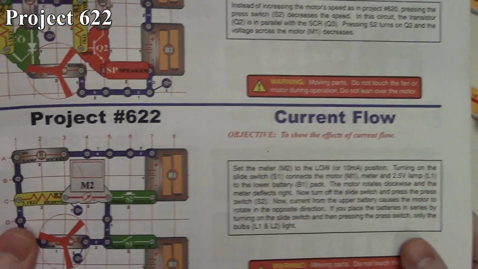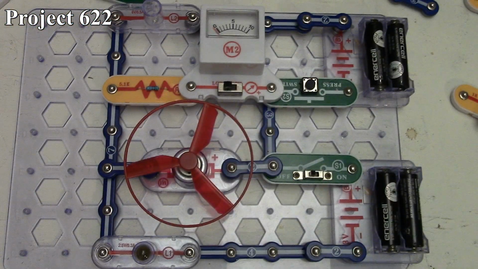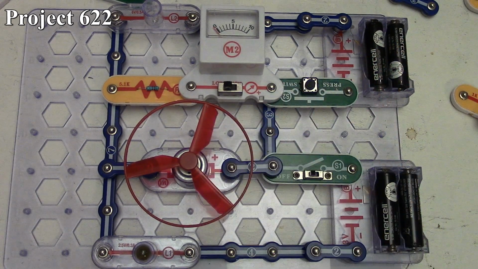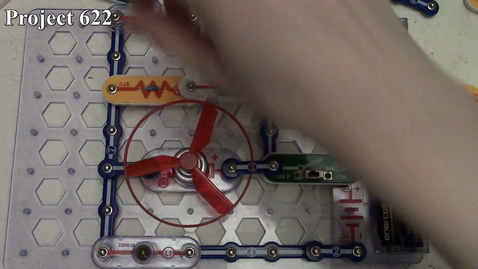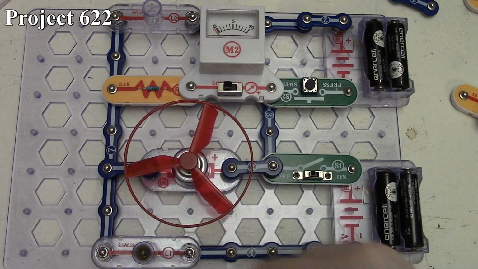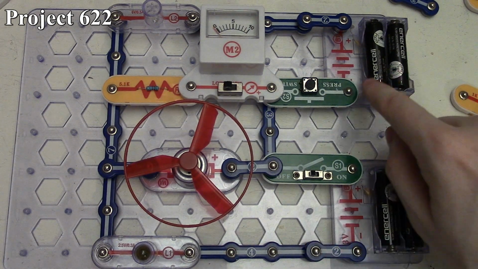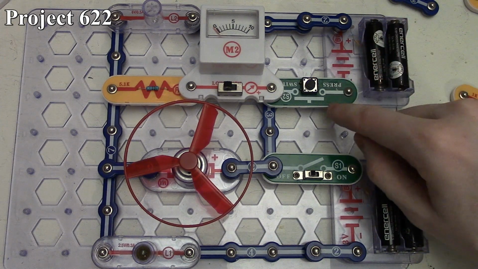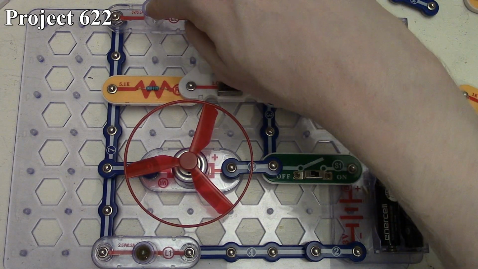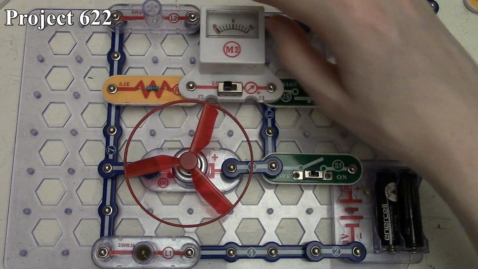So here we are, Project 622, the current flow. There it is in the book, and here it is on the board. So this time I'm using the battery packs because of how this circuit operates and what we're trying to demonstrate. So we've got pretty much 3 independent circuits happening here. We have a press switch that when we press it uses this battery pack to connect our 6-volt lamp and our motor along with our meter to measure current.